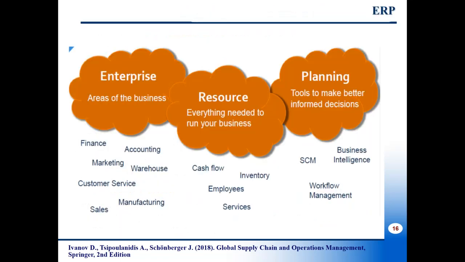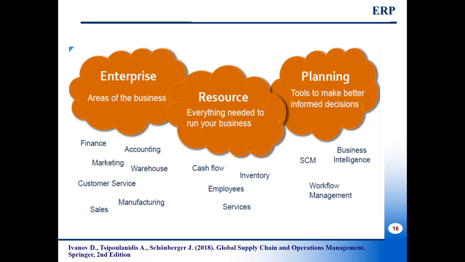Now we are going into the ERP system, that is enterprise resource planning. So what is actually enterprise resource planning? We already know from the previous slide that enterprise resource planning is used internally in one particular entity of the supply chain.